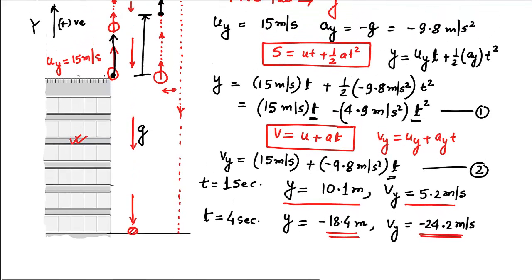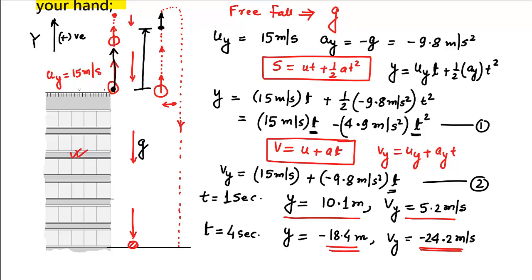This means the ball is in the returning journey. The ball has reached the highest point and is now coming down. And how much down? This is 18.4 meter. This is my origin line, so from here the ball is somewhere here, and this distance is 18.4 meter, and the velocity of the ball is in the downward direction, with a magnitude of 24.2 meter per second.